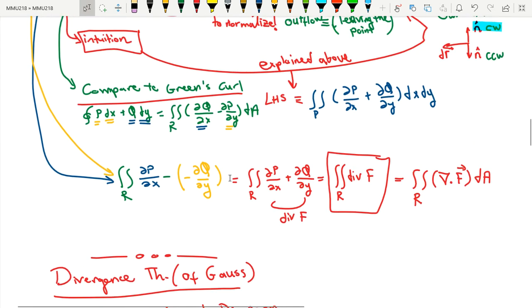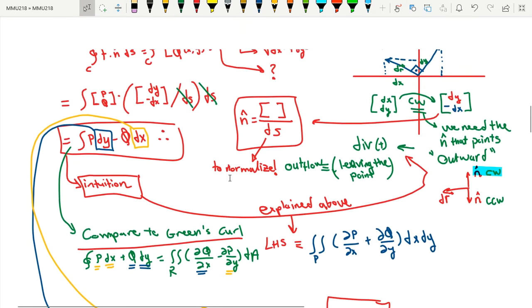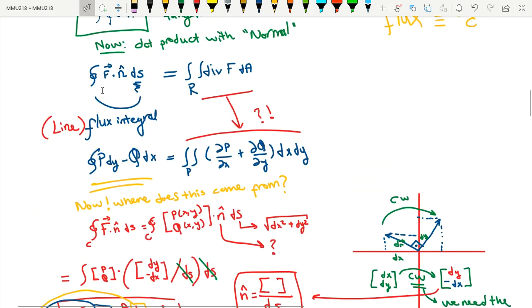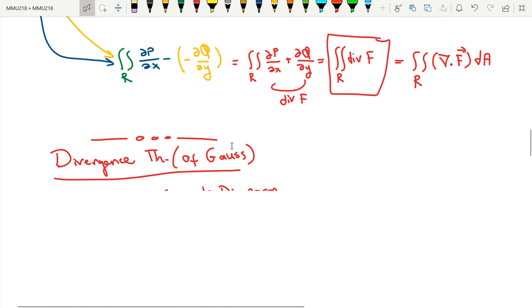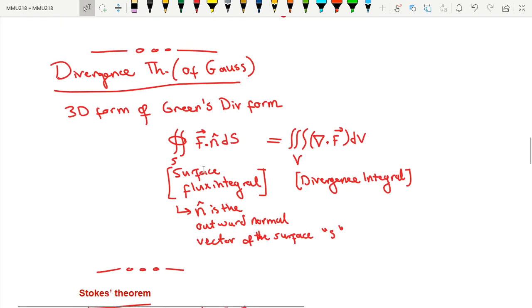And of course, in this case, on the left-hand side, we had the flux integral on a line. We're going to consider the flux integral on a surface, which makes sense because the flux is always moving outwards or inwards from a surface. So this is a more general form, and that's why it's one of the fundamental theorems of vector calculus.